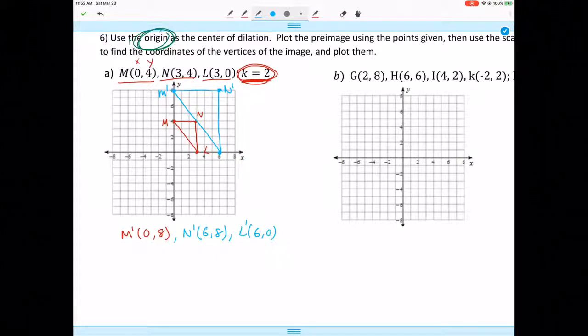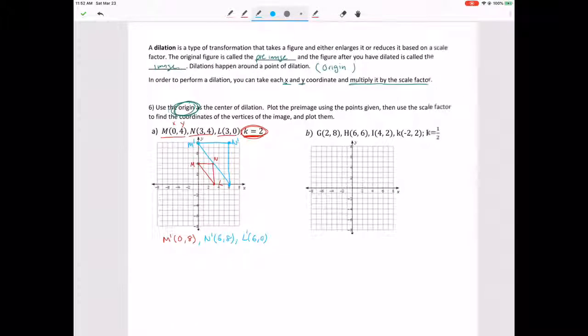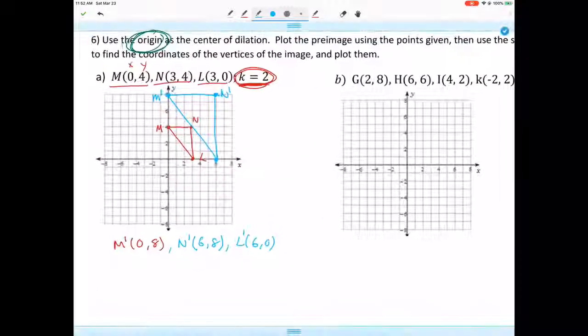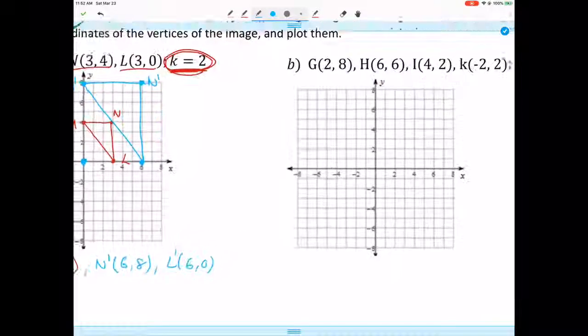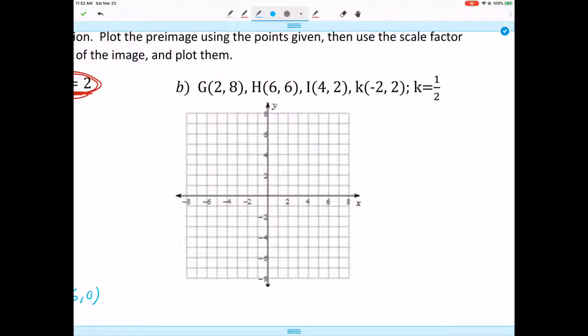And as you can see, everything has been dilated, everything's bigger, it's twice as big, and it's all been moved away from that origin, which is 0, comma 0.